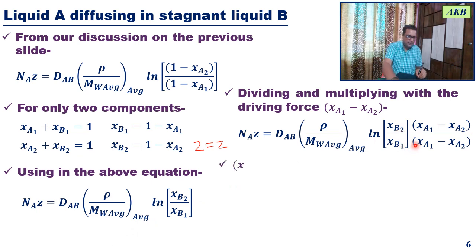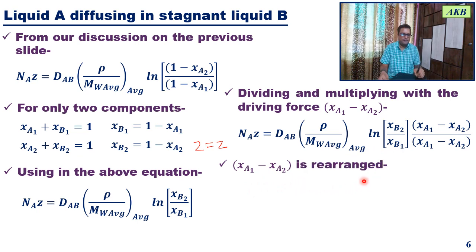Okay, in the next step, we will see how you can rearrange this simple term x_A1 minus x_A2. x_A1 minus x_A2 is 1 minus x_B1 minus (1 minus x_B2). Why?